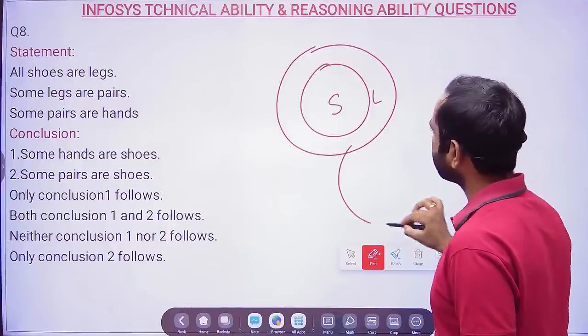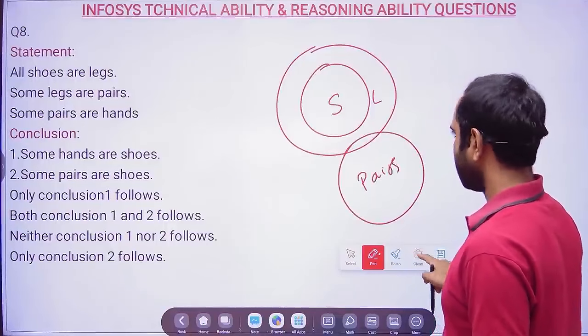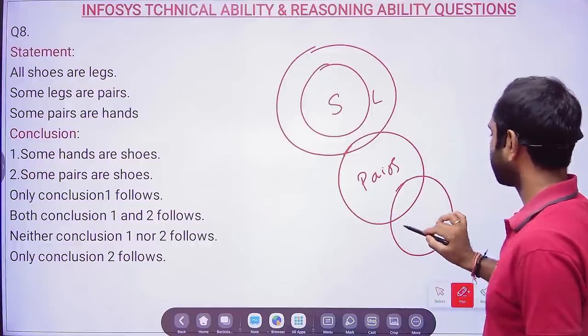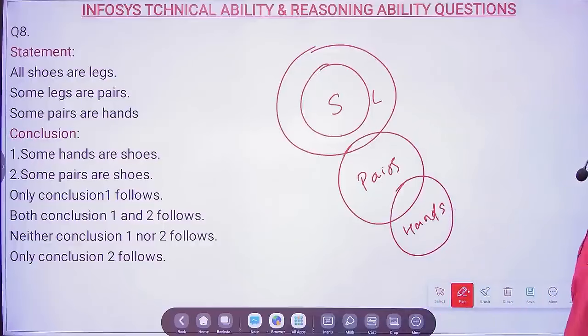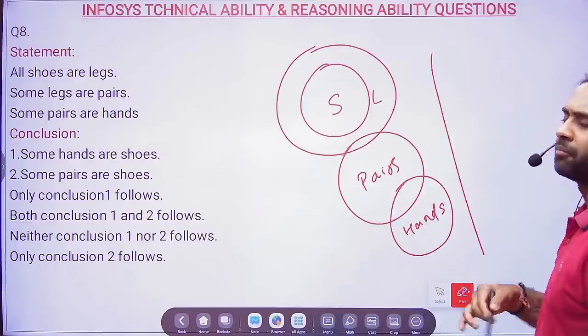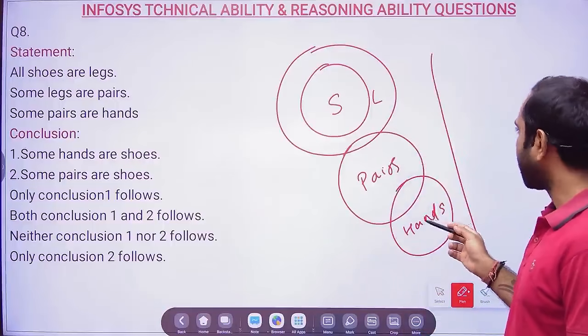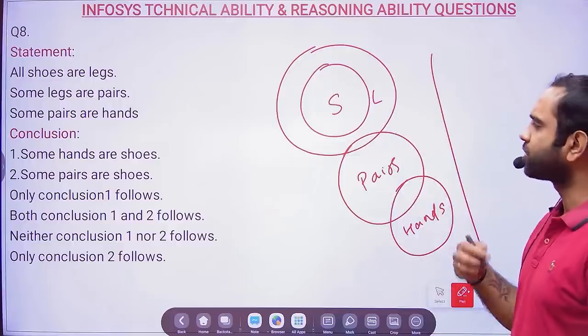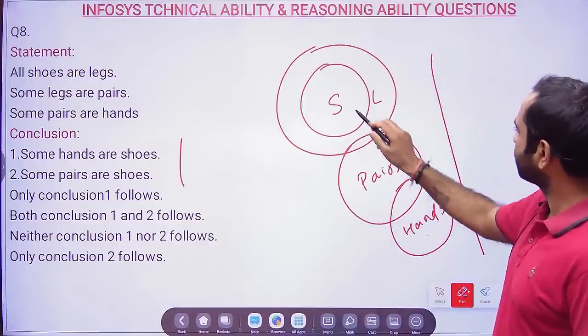Some legs are pairs, and some pairs are hands. This is one of the diagrams, but there will be many other possible diagrams. Pairs might touch shoes, hands might touch both shoes and legs. Now, some hands are shoes.